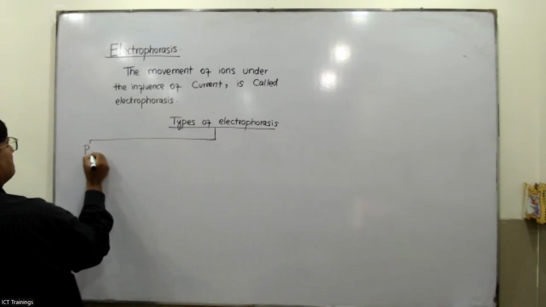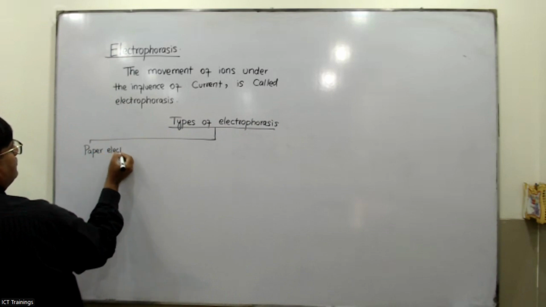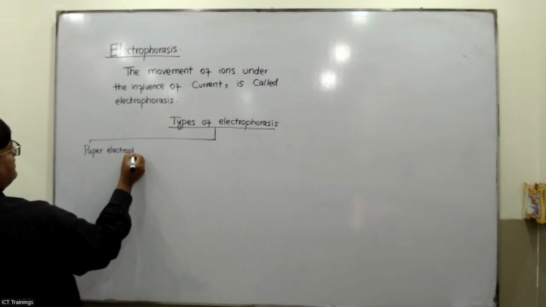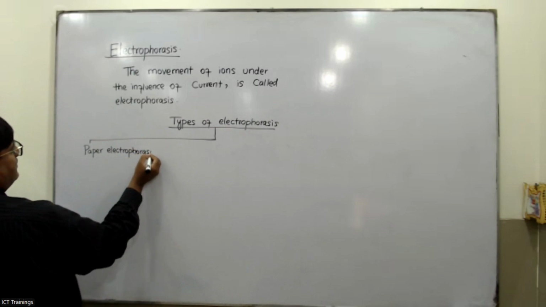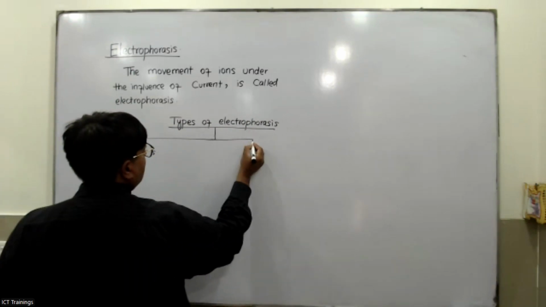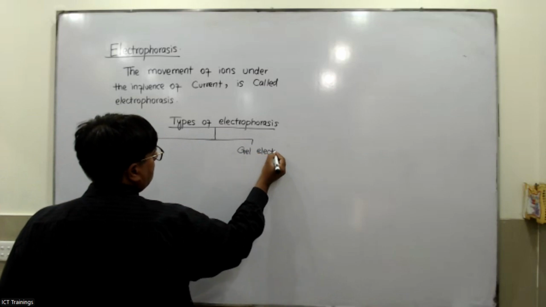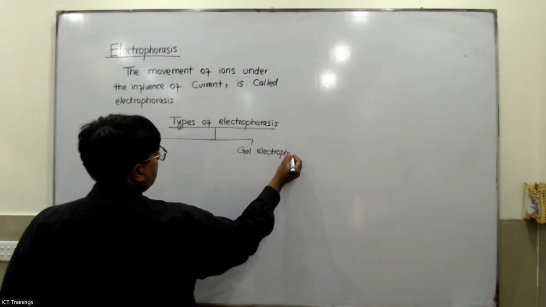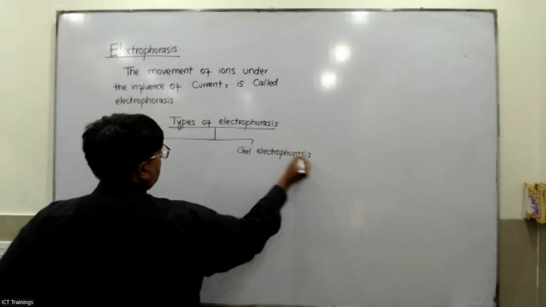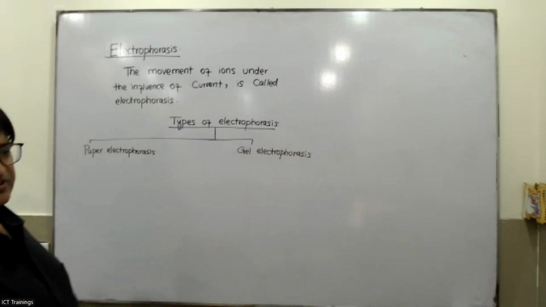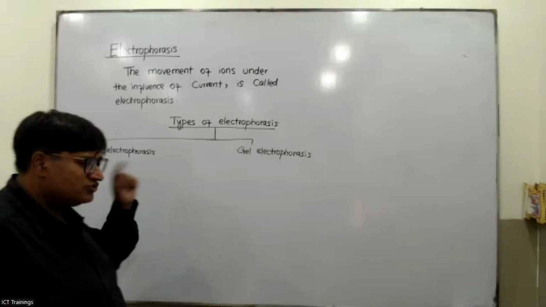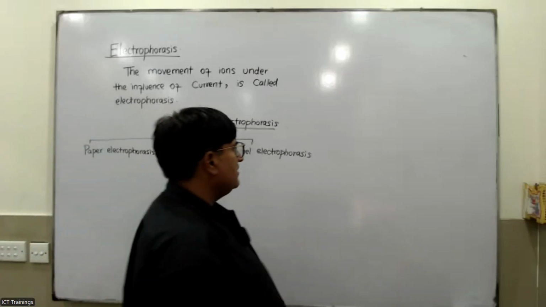The first one is called paper electrophoresis, and the second one is called gel electrophoresis. Okay, so these are the two different kinds of electrophoresis. So we have to deal with each of them one by one.